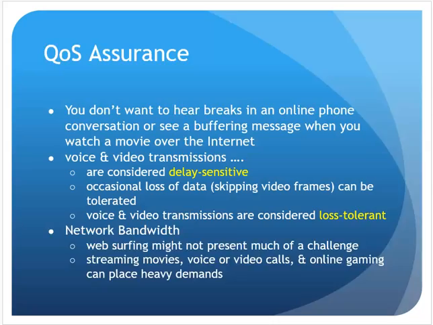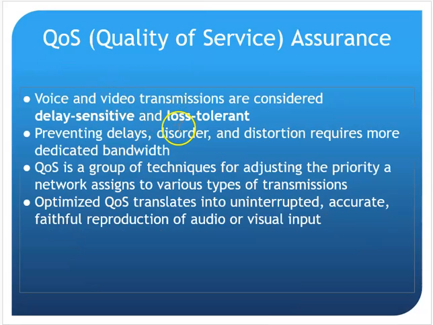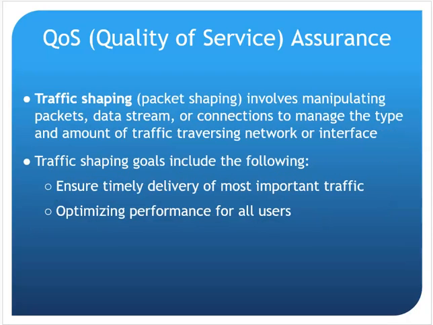With that in mind, you can do quality of service based on the type of traffic moving across a link. Voice and video are delay sensitive and loss tolerant, so I can make sure they get priority over regular data traffic. That is the quality of service type thing that can get done.